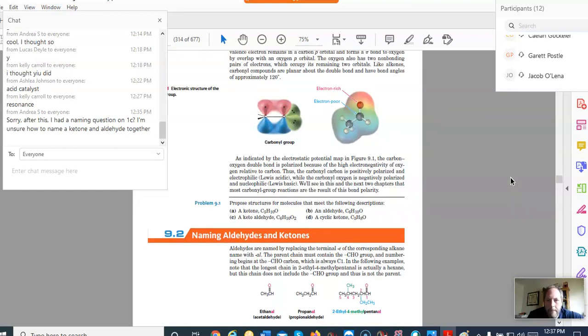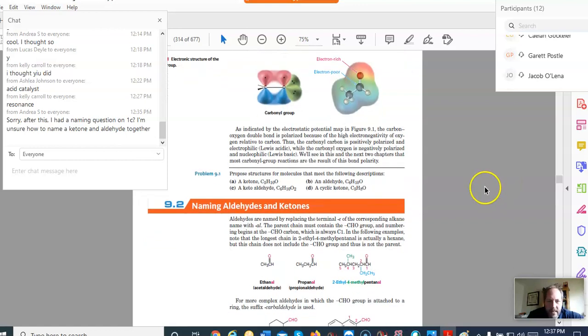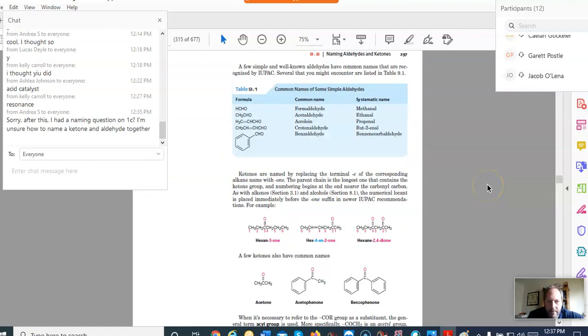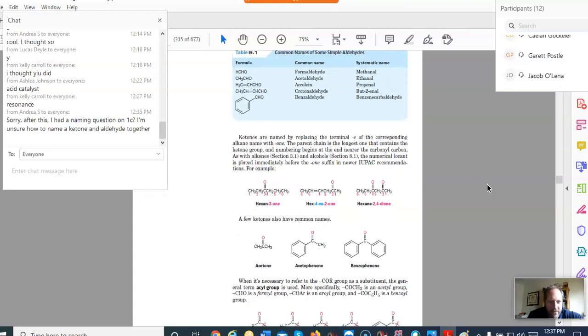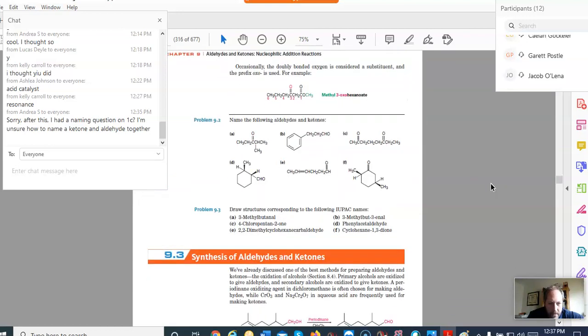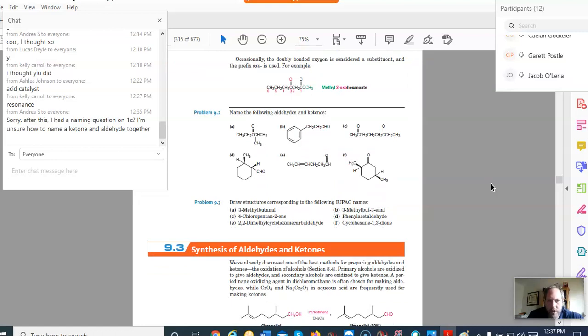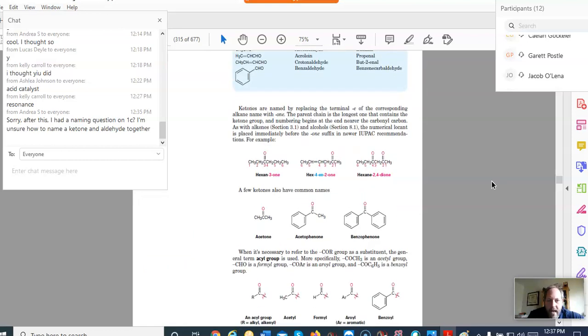Oh, it's just saying to propose a structure. I don't think they talk about naming those in this chapter. So it's not something that we're going to have to do. That particular question is just saying, just draw a structure that has a ketone and an aldehyde.